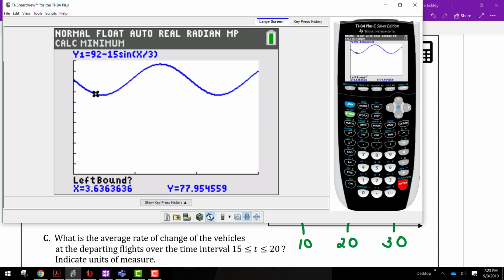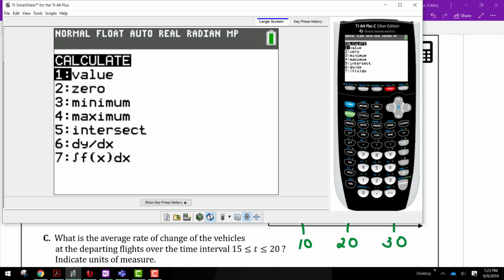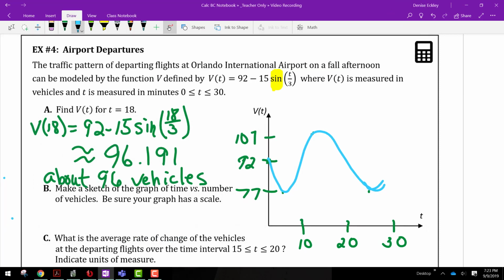Okay, so I'm past to the left of the bottom, to the right of the bottom, and then I'm going to choose enter, and I get a value of 77. And then if you want to do the maximum, you have to hit second trace and choose maximum. I'm not going to go through and do all those right now. But anyway, we have our graph.